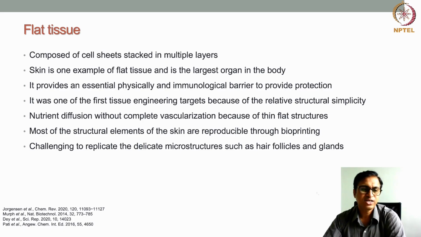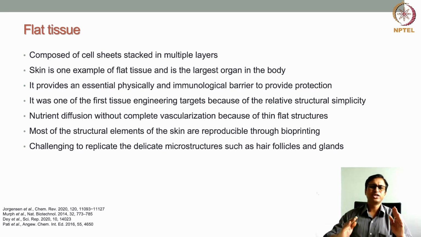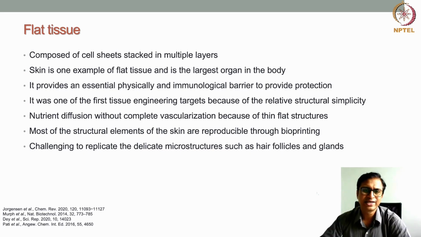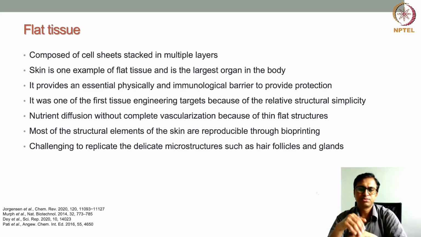It was one of the first tissue engineering targets for the biofabrication community, and even the tissue engineering community, which first started working on skin tissue engineering and bioprinting of skin because of its relatively simple structure. Skin can be crudely divided into two to three layers: the topmost is the epidermal layer, below that is the dermal layer, and then there is the hypodermis and other layers.